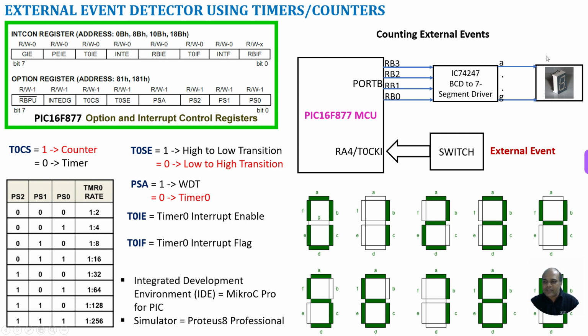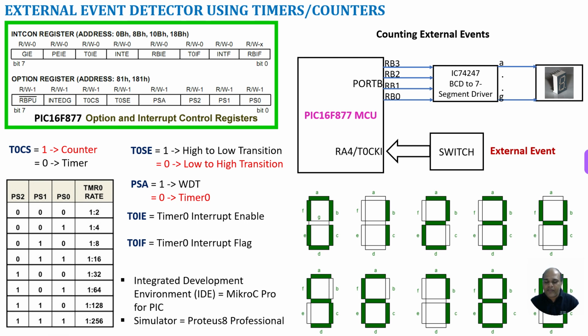As I said, a 7-segment display contains 7 LED displays, which are named A, B, C, D, E, F, G. Each segment can be lit up depending upon what type of digit we want to display. Mostly it is used for displaying numbers.